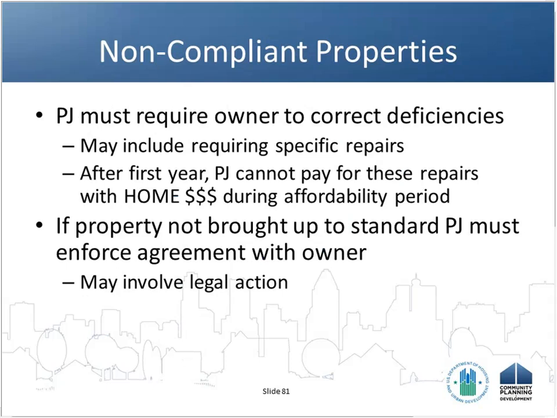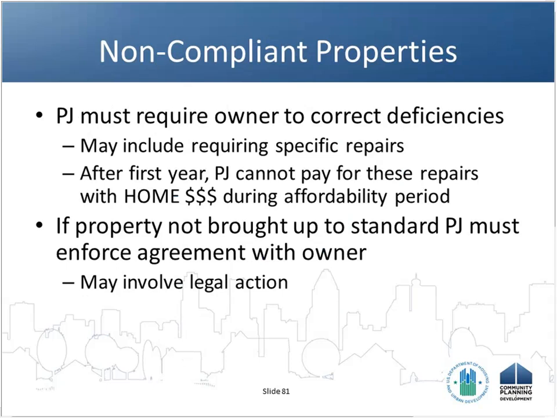For non-compliant properties, the PJ has an ongoing responsibility to make sure that those deficiencies are corrected. So they need to be holding the owners responsible for making those corrections. As part of their oversight, they would be specifying the terms on that.